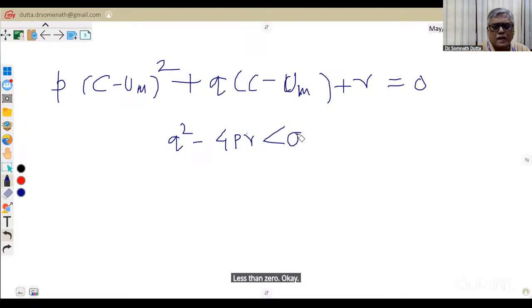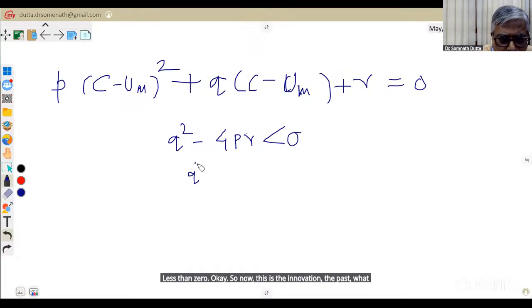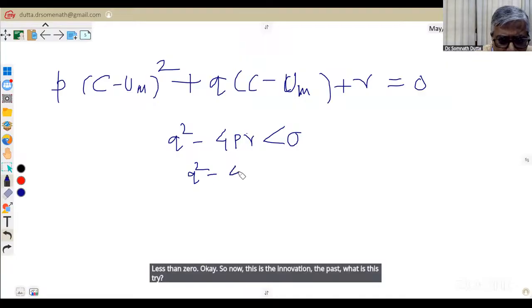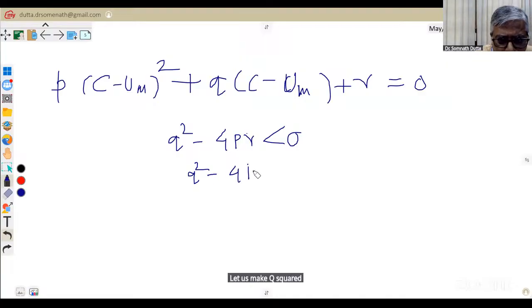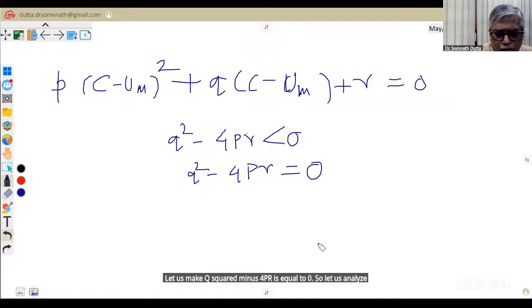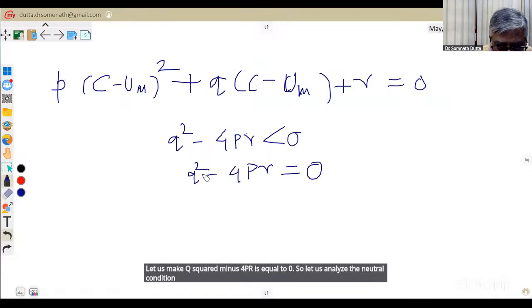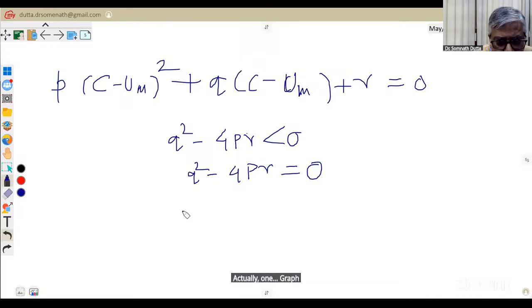Okay, so now this is the equation. First, let us make q square minus 4pr equal to 0. So let us analyze the neutral condition, and from there one graphical relation was obtained, a graphical relation between two quantities.